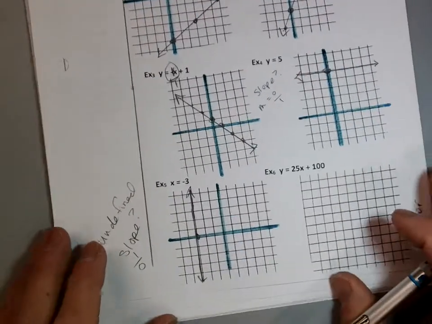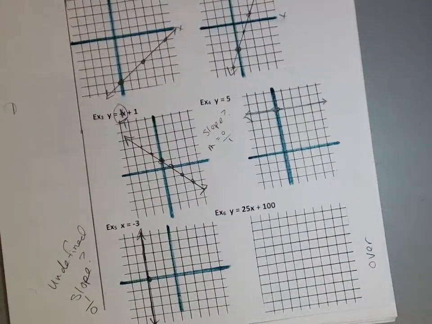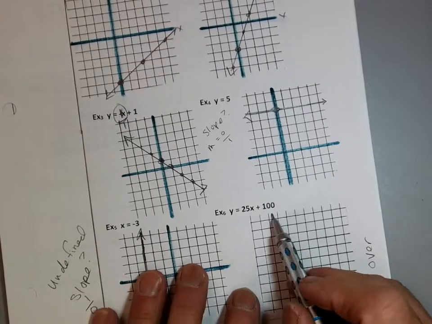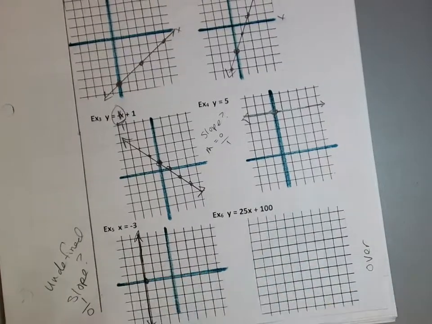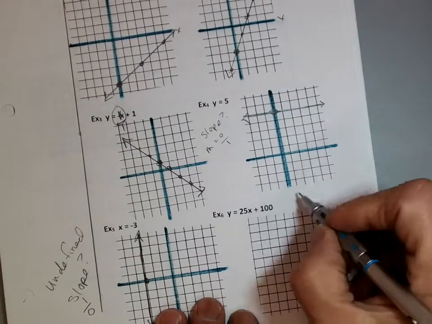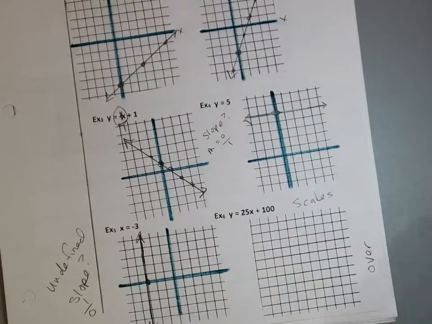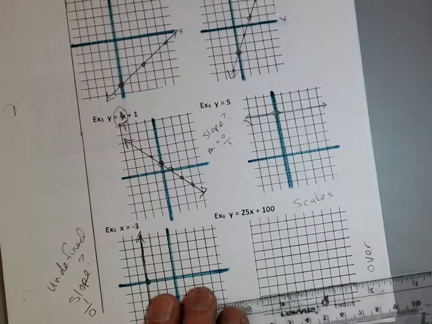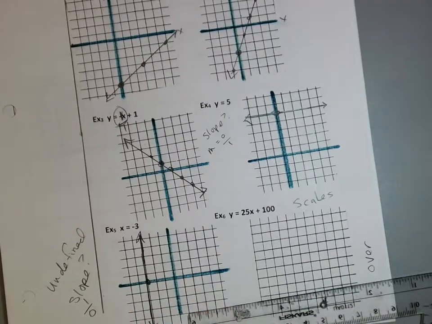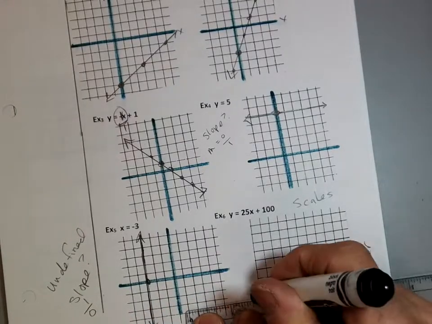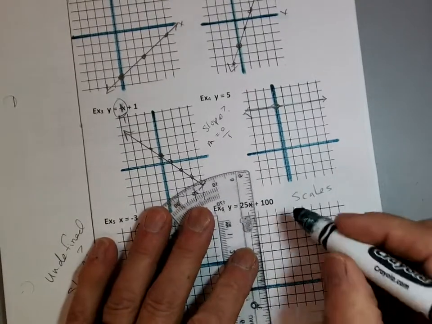Now, example 6. Well, what do you think? I got to start up at 100. My scales, my axes, yeah. So let's change my scales. I like that. It's totally right. Let's change the scales. And I know I got to start up at 100. So, all right. Let's just do this.